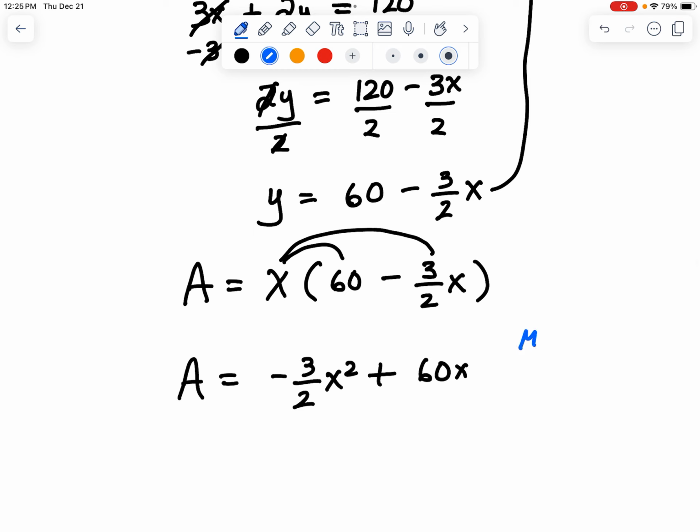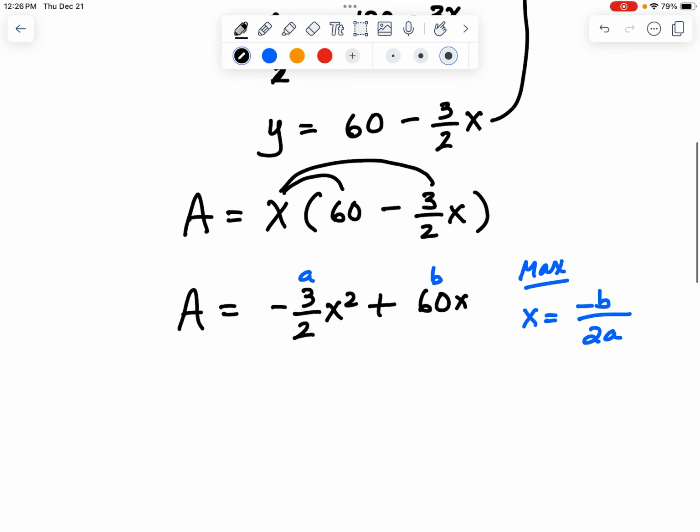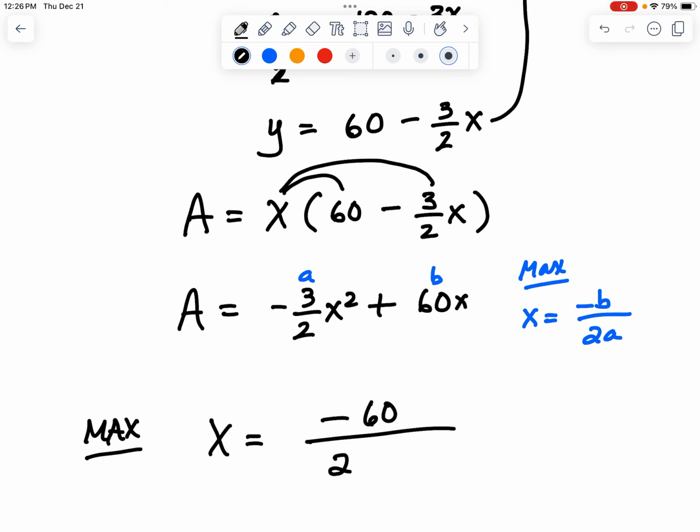So then you could find out the max by just using the formula negative b divided by 2a. So this is the a, this is the b. And so for the maximum, x will need to equal negative b, so that's negative 60, divided by 2, and then the a, which is negative 3 over 2.